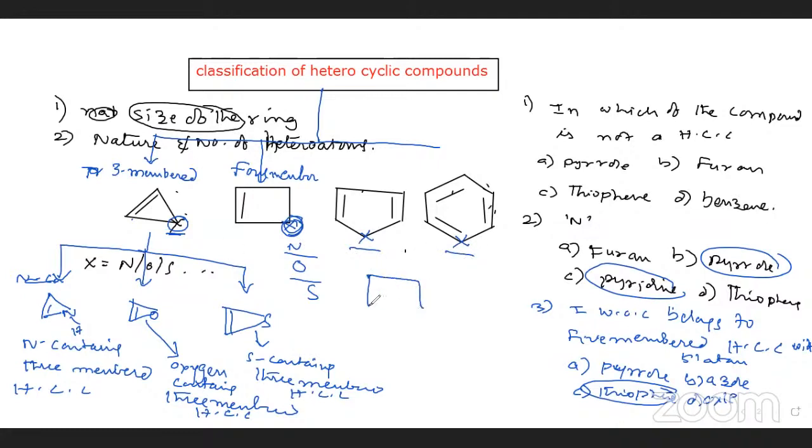In case of more than one heteroatom, classification is based on the nature of the heteroatoms: both nitrogen atoms, one nitrogen and one oxygen atom, or one sulfur and one nitrogen atom. That is, based on similar and different heteroatoms.